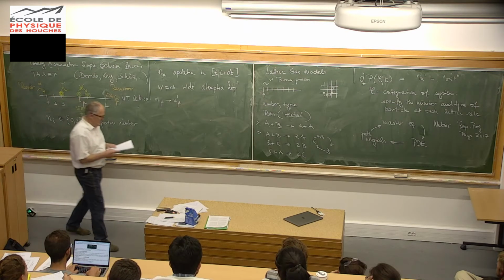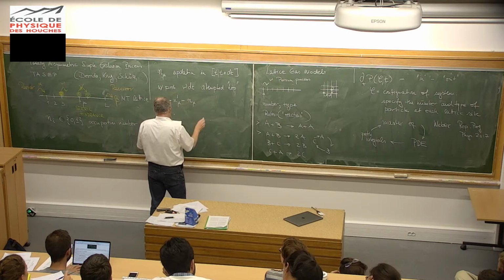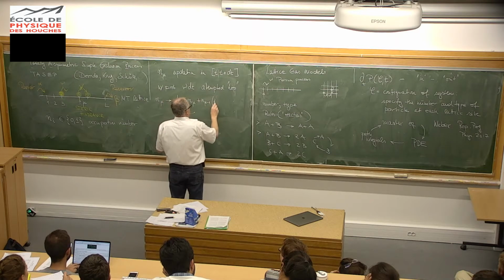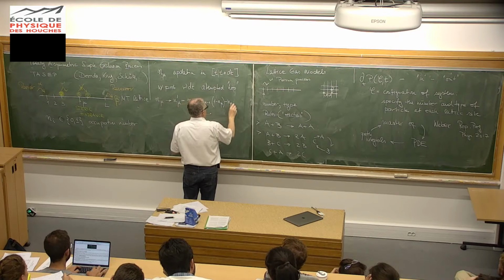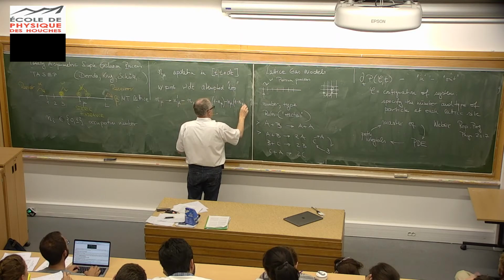Okay, so let me write it down and then show you how it works. So this is n mu plus n mu minus 1, 1 minus n mu minus n mu 1 minus n mu plus 1.